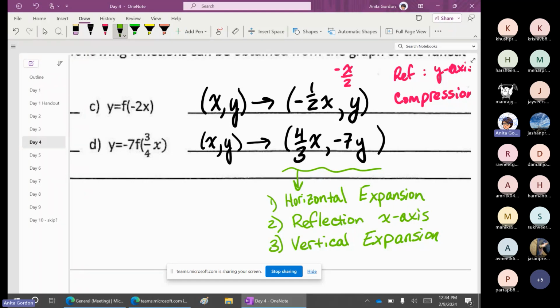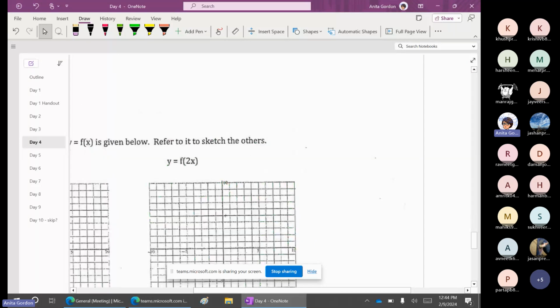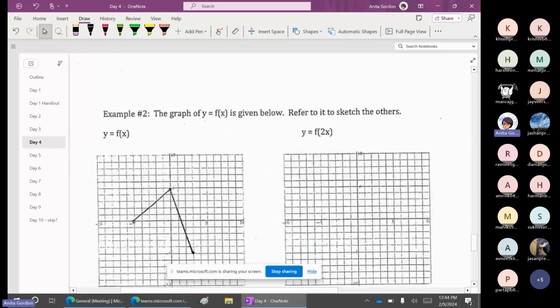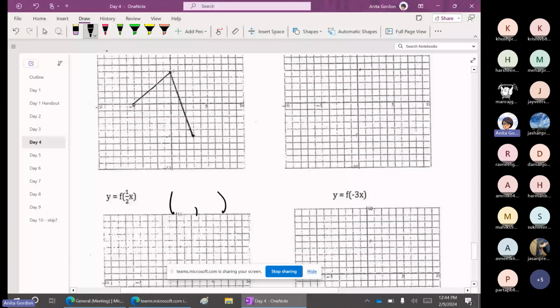Okay, as an exercise, I would like you to, on this last page, on top of the graph, okay, this is (x, y). I want you to tell me what is the mapping of each one. What would the mapped coordinates be?